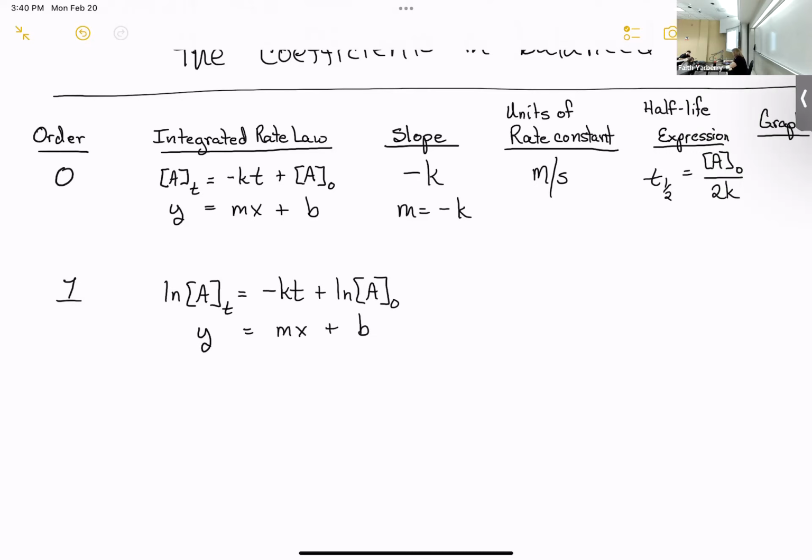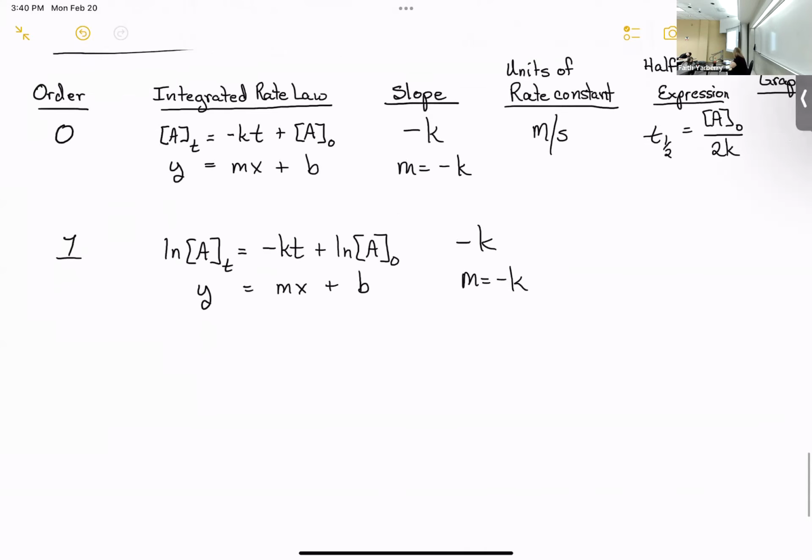But that means that the slope is equal to a negative k. Now the unit for the slope of a first order is going to be per second, so seconds raised to the -1.